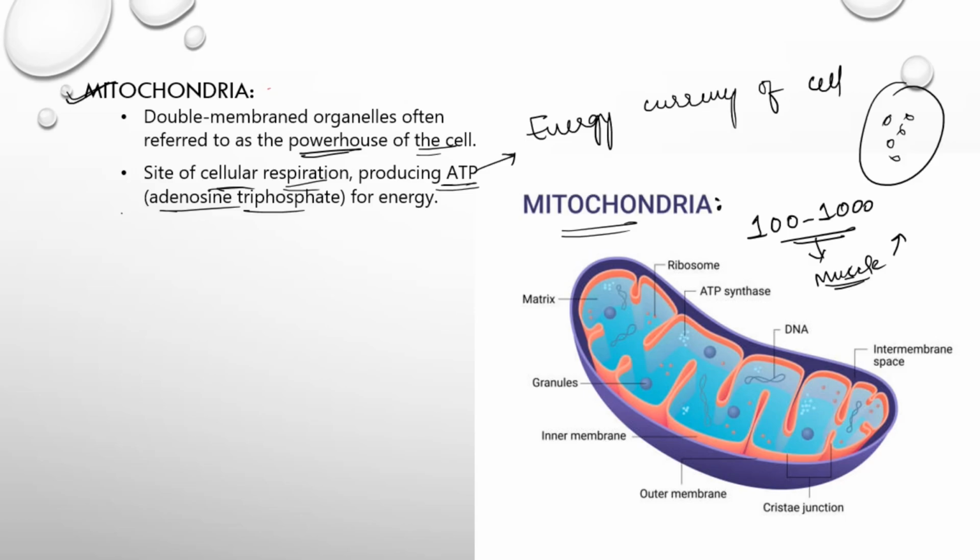Like in athletes and gymnasts, they require a huge amount of energy to lift those heavy objects. So to meet their energy requirements, the mitochondria in the muscle cells will increase up to 1000, or it may be more than this also. Why? Because of the energy needed.